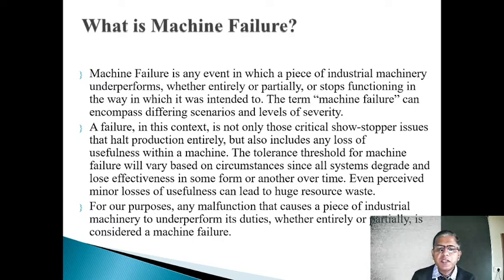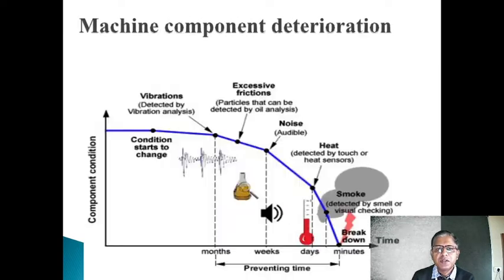For our purposes, any malfunction that causes a piece of industrial machinery to underperform its duties, whether entirely or partially, is considered a machine failure. So this is something about machine failures.